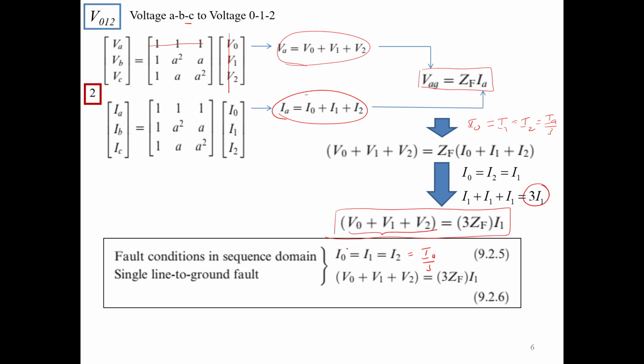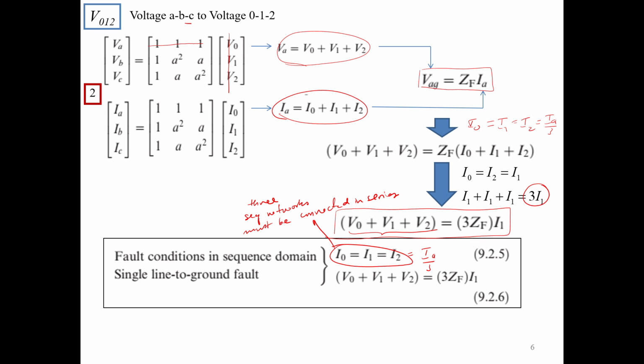With this property, all the three sequence networks must be connected in series.